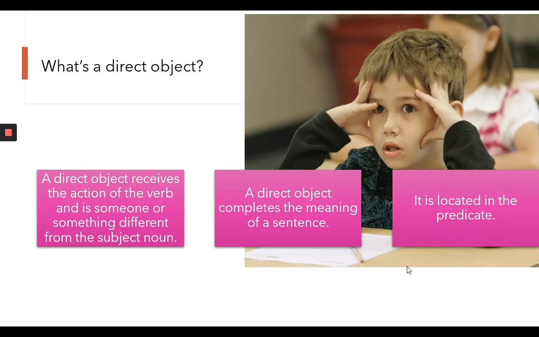And so once you've found your subject noun, which you always do first when you're analyzing a sentence, then when you go looking for the direct object, you'll know it's that other noun in the sentence that comes after the verb. It's not an object of the preposition. It's not a possessive noun adjective. It's the noun that's receiving the action of the verb. We'll talk about that a little bit more because it's confusing.